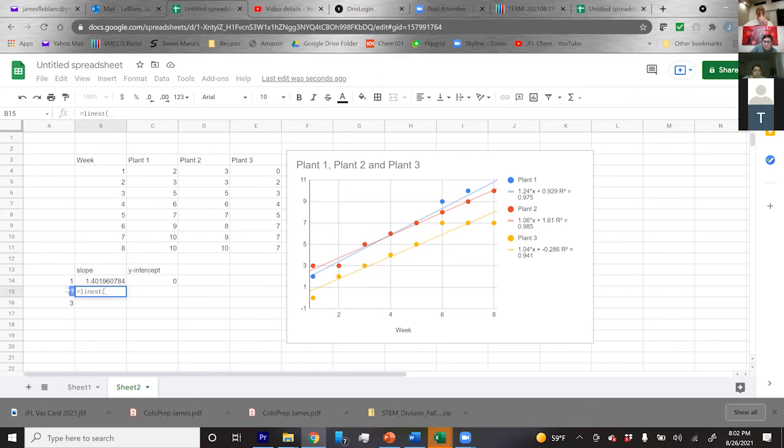Now I want to do plant 2. So remember, you want the y values for plant 2. Here are my y values for plant 2, comma. Here are my x values for plant 2, comma, false, close brackets. Hit enter. Bingo.